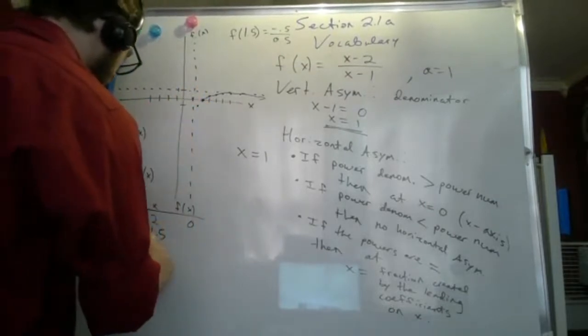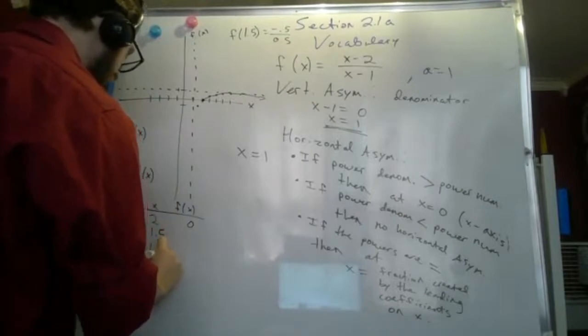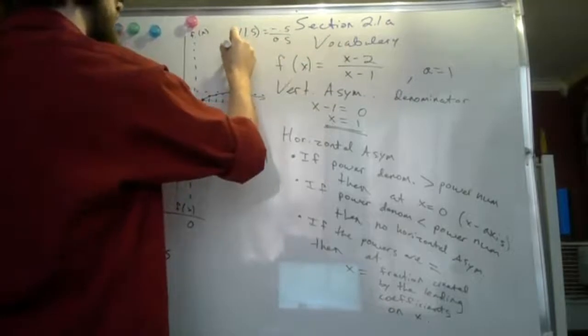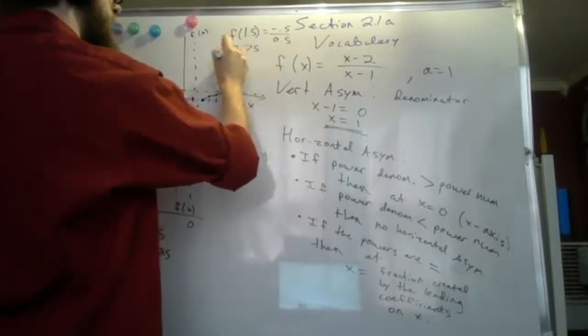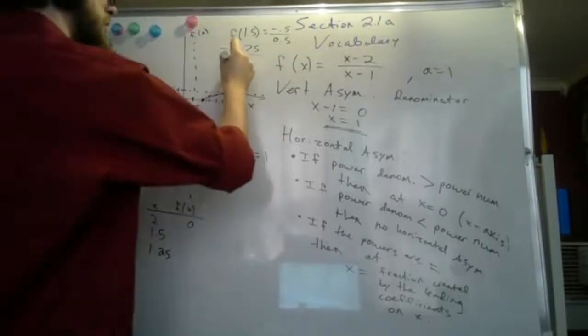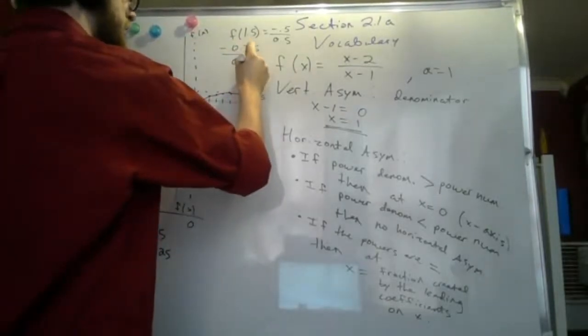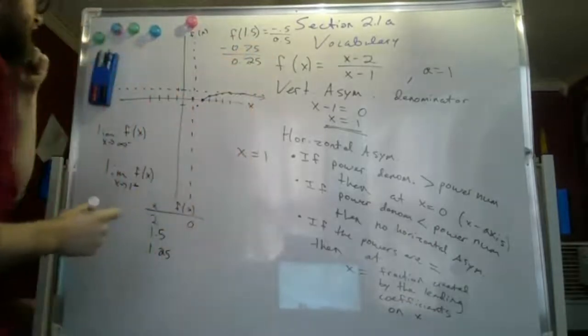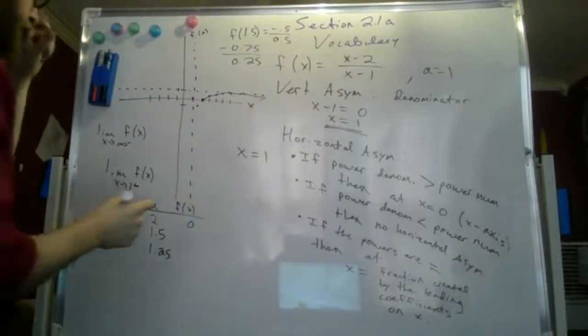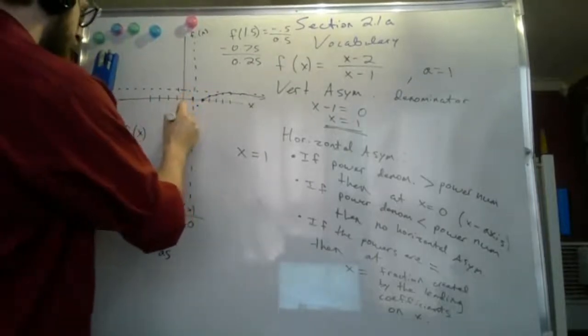If I plug in 1.25, then I'm going to have a negative 0.75 in my numerator, and in the denominator, I'm going to have 0.25. Well, 0.75 divided by 0.25 is 3. So we've got a negative 3.